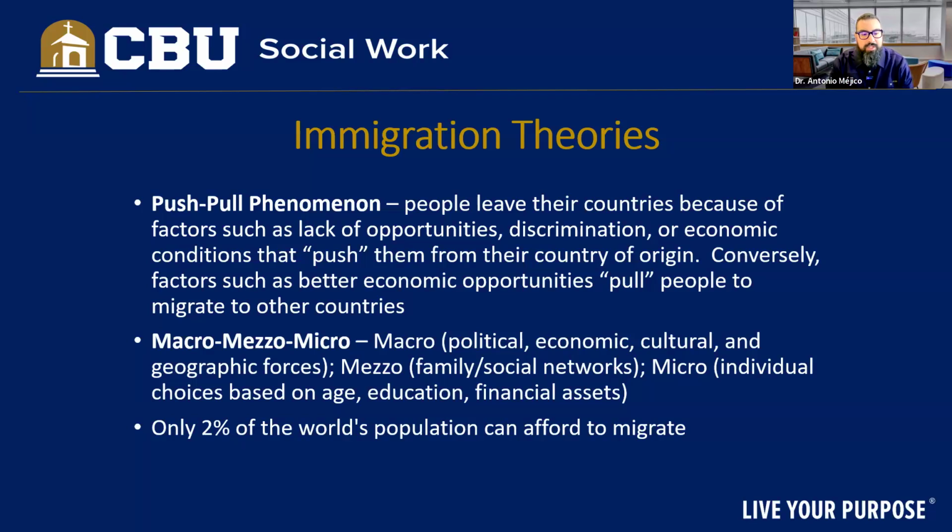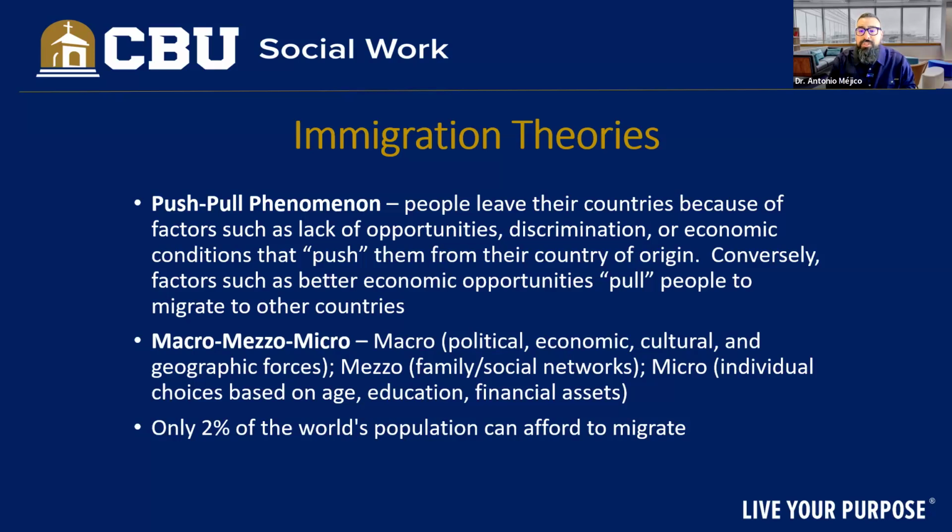But when we examine immigration theory, there's one piece to consider, and that is the push-pull phenomenon. The push-pull phenomenon recognizes that there are individuals who leave to come to the United States because they are drawn to the United States for the opportunities that we may be able to provide them. But there are also other dynamics at play. In the push-pull phenomenon, we also recognize that individuals may be pushed from their countries of origin for various factors.